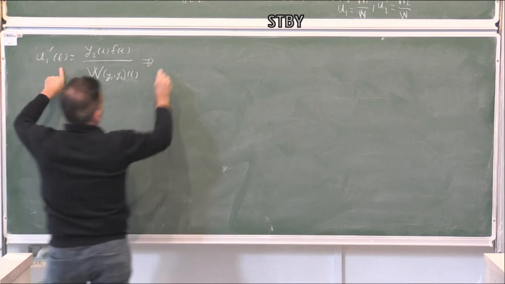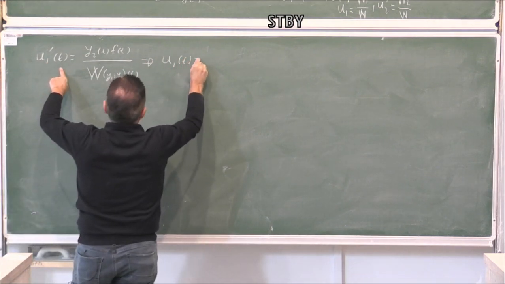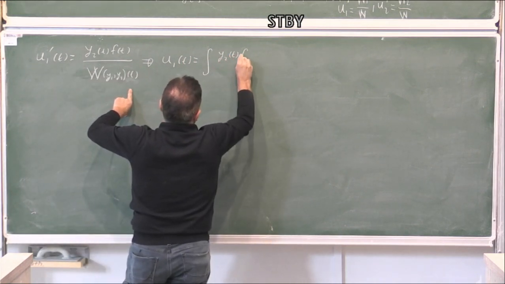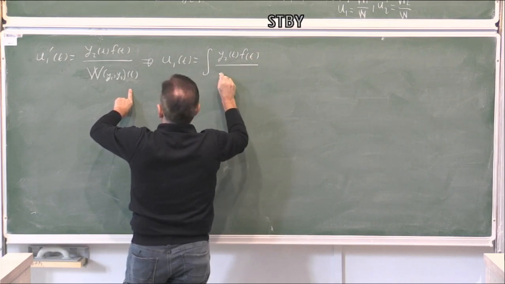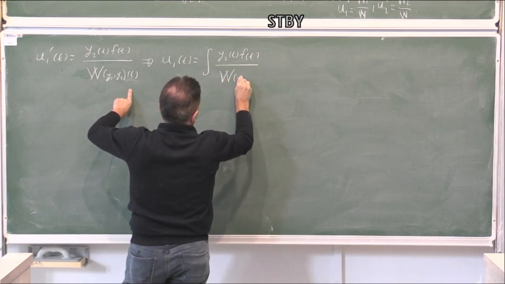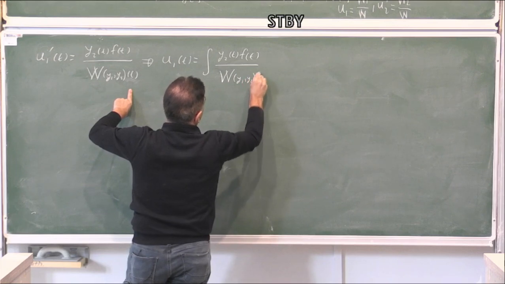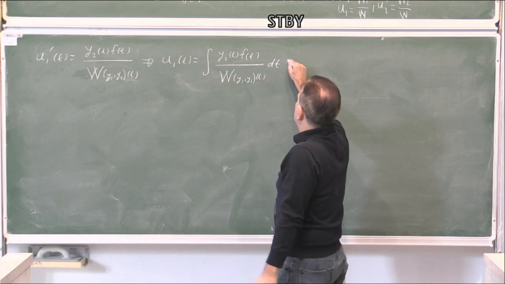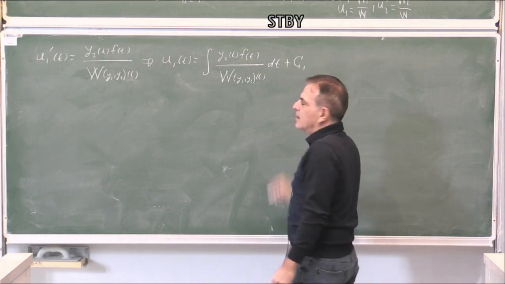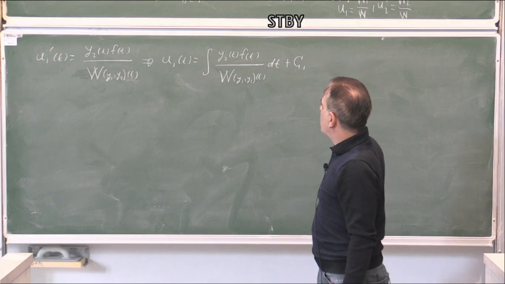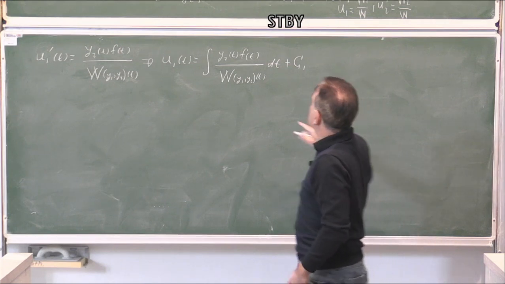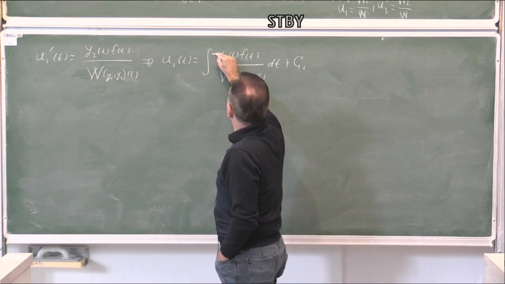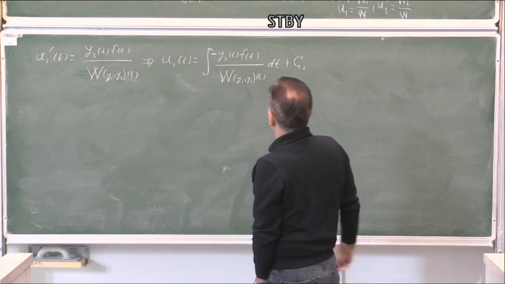So on integrating, we get u1 of t, this integral, minus y2 f of t over the Wronskian determinant of y1 and y2, which is a function of t, dt. If you want, you can introduce arbitrary integration constants.